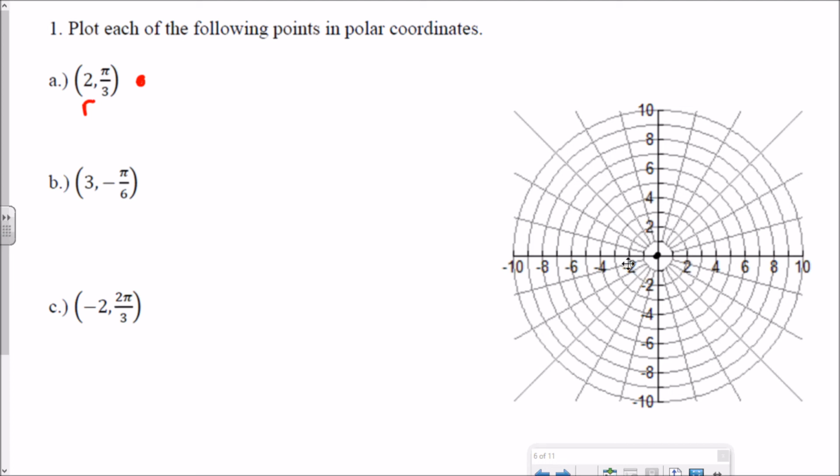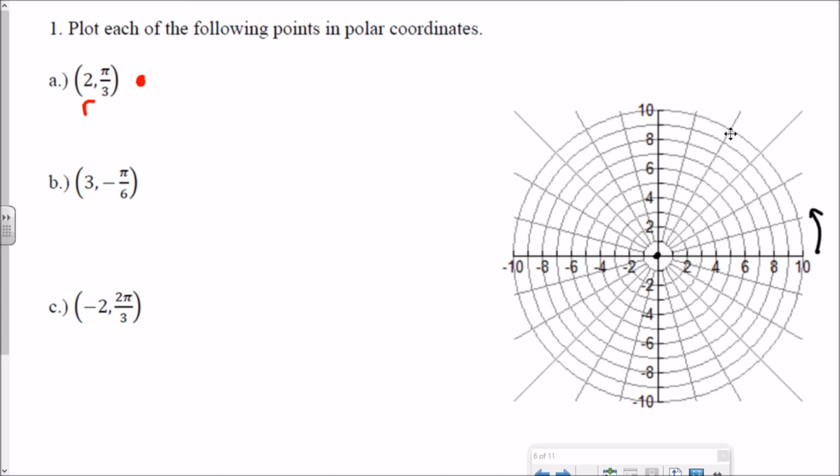Then I need it to have a direction angle of pi over 3. So I'm going to start from the initial side here and go until I'm pi over 3 away. Now, that's not pi over 3 right there, but here's how we're going to count it. This does not look like your typical unit circle. What does your unit circle typically have? It has pi over 6, pi over 4, pi over 3.